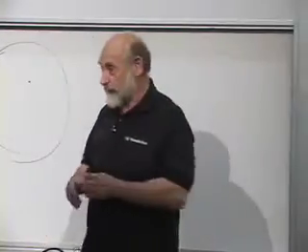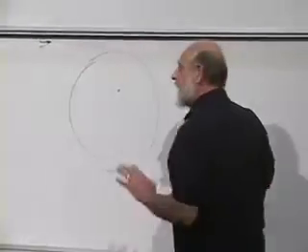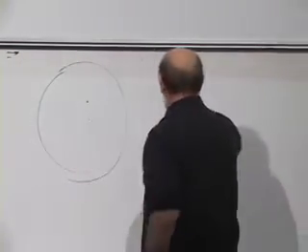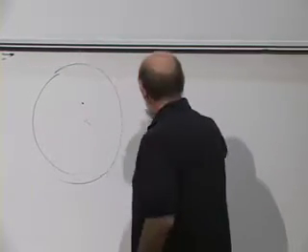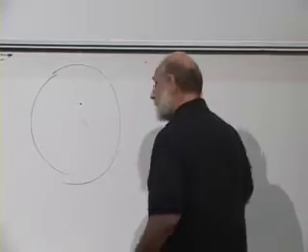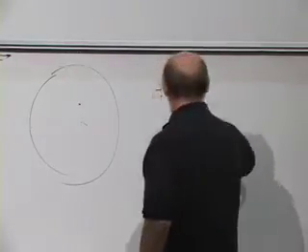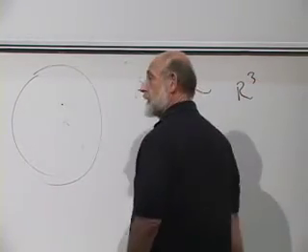Okay, so let's go back. We had on the left-hand side of the equation the gravitational field times the area, r squared. That was one side of the equation. The other side had the mass, which you correctly say was proportional to r cubed.